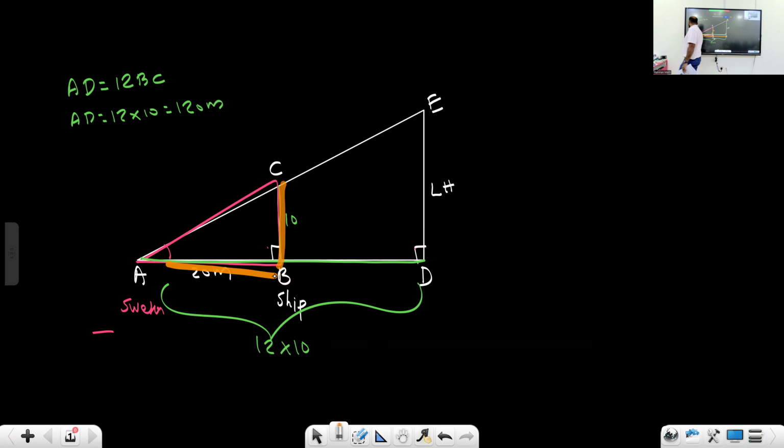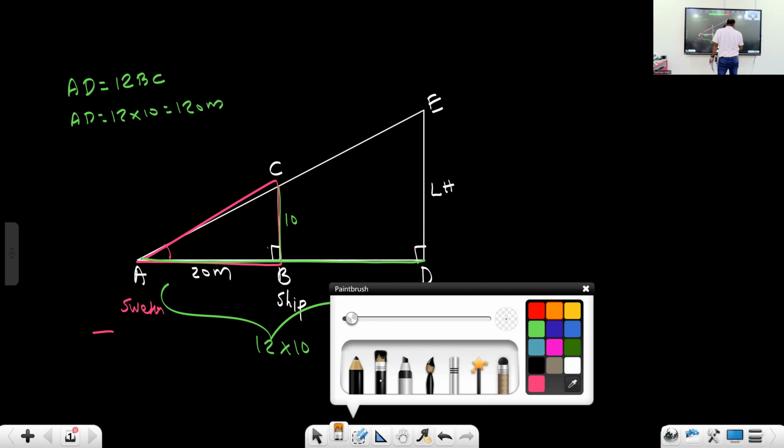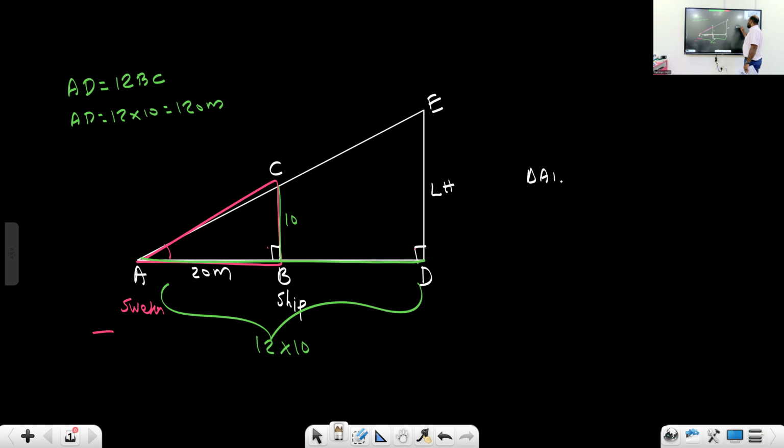We have triangle ABC similar to triangle ADE by AA similarity. Therefore, AB by AD equal to BC by DE.